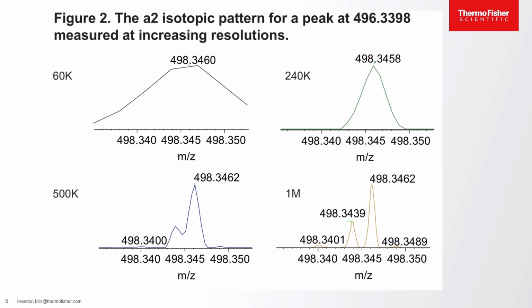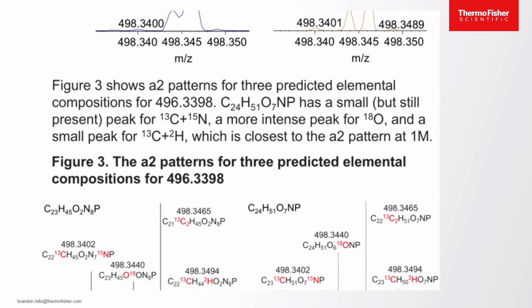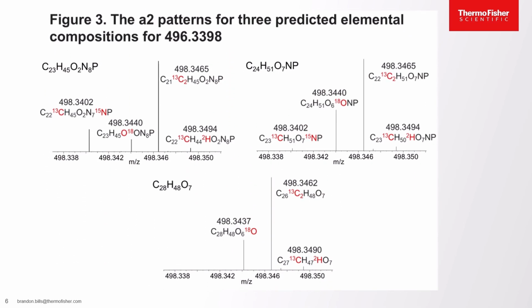Now let's look at the actual potential isobars this could be. Here we see the various predicted isobars for this compound within 1 ppm mass accuracy. Now we've got 4 different isotopic fine peaks we could be looking at.